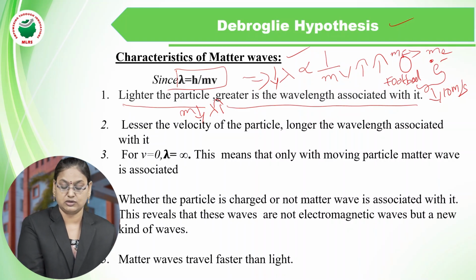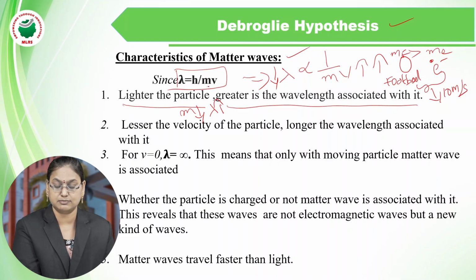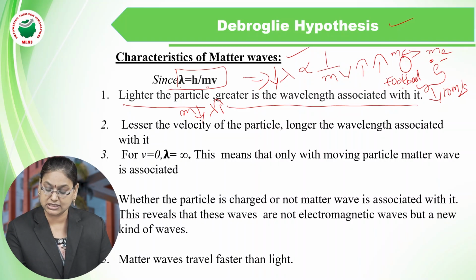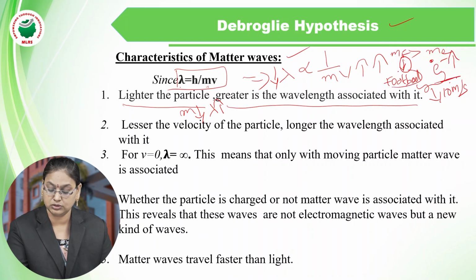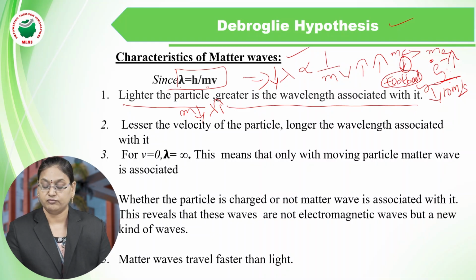From this equation, we can see that mass is inversely proportional to wavelength. Since the mass of the football is more here, its wavelength will be less, and the electron's wavelength will be more. That means more waves are associated with the electron when compared to the football. So the electron has wave nature when compared to the football.